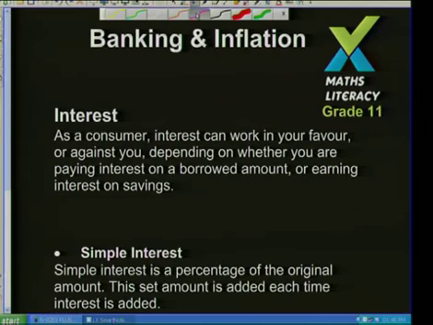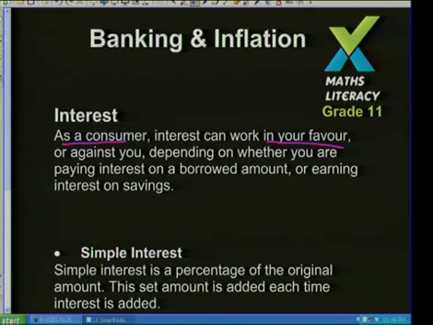Okay, so interest. As a consumer, interest can work in your favor or against you. Now, this really depends on your situation. If you are borrowing money and you need to pay it back, you're going to pay it back with interest, and this really does work against you.